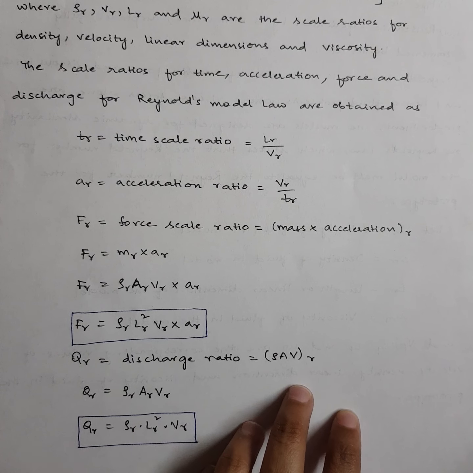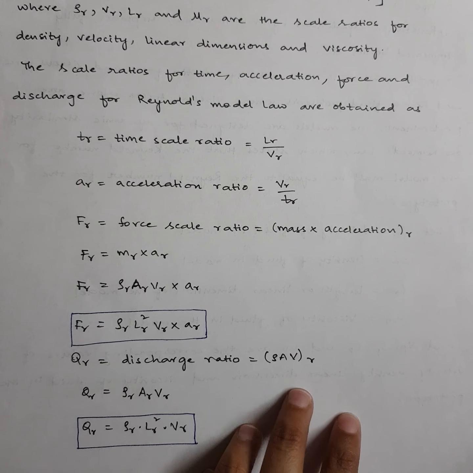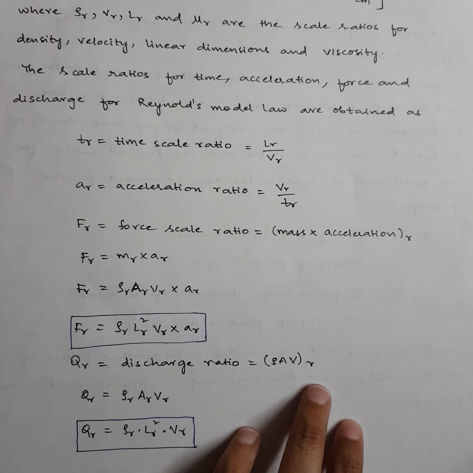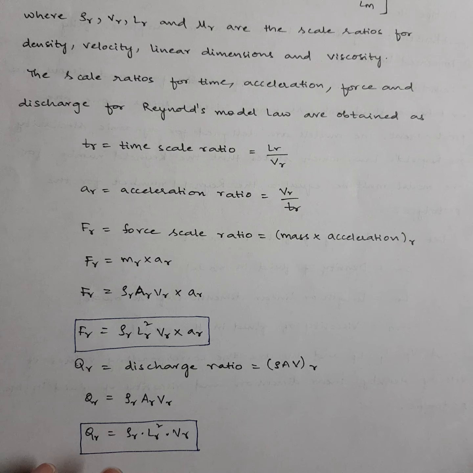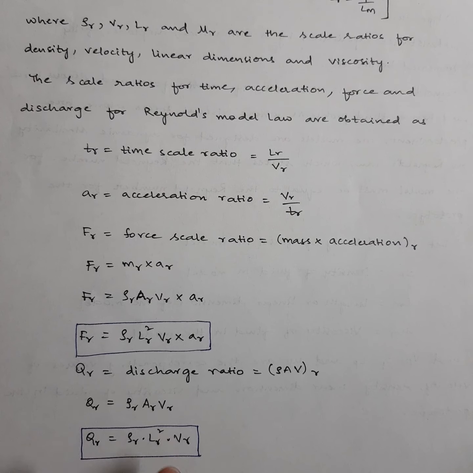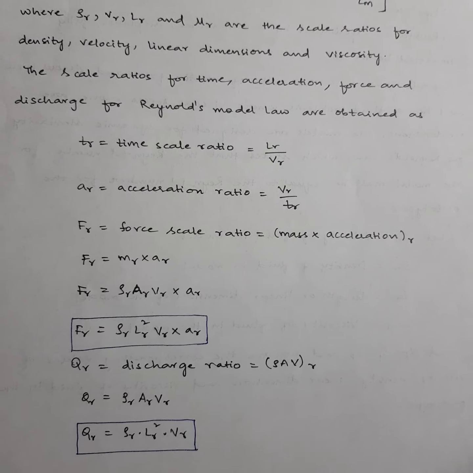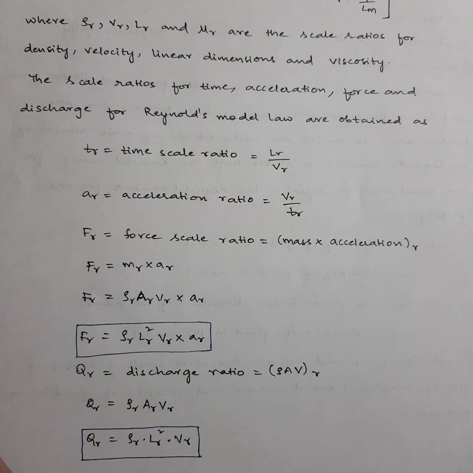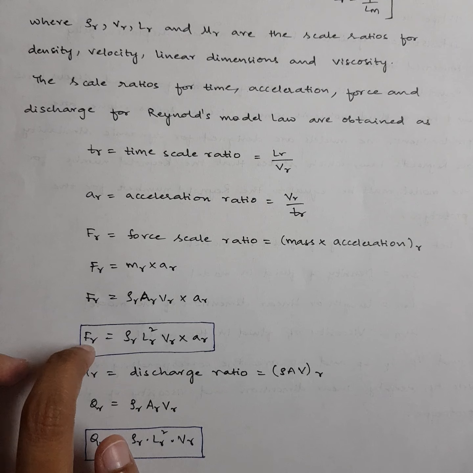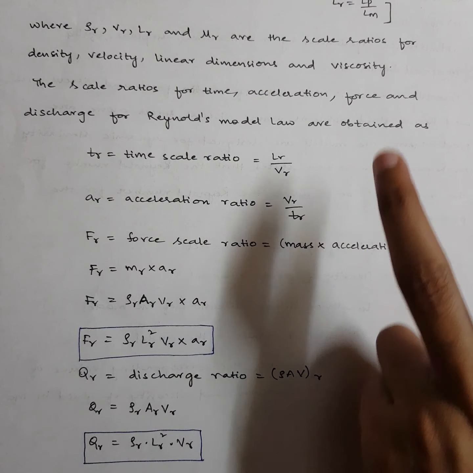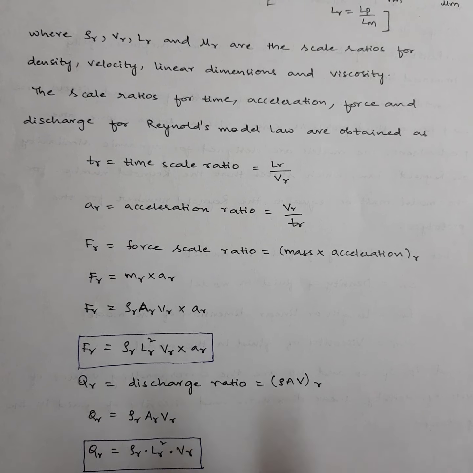We have the formula of discharge as rho into A into V. This is discharge per second. So Qr will be rho r Lr square into Vr. Like this you have to obtain the scale ratios for discharge and force and also acceleration and time. Why do you use these scale ratios?